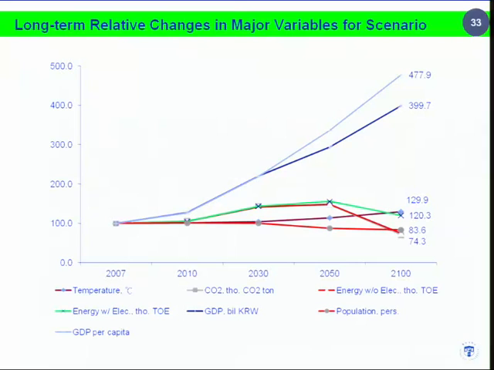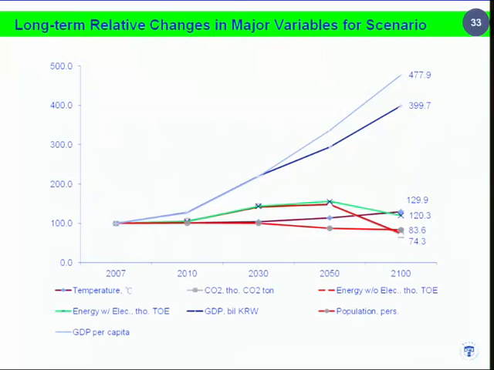However, CO2, greenhouse gases, electricity, and energy will increase, but not as fast, and per population they will decrease, basically. So in the basic model, without any aggressive policy involvement, there is still economic growth, but material growth at a very, very much lower rate than economic growth. So that is definitely decoupling economic activities from energy and greenhouse gases.